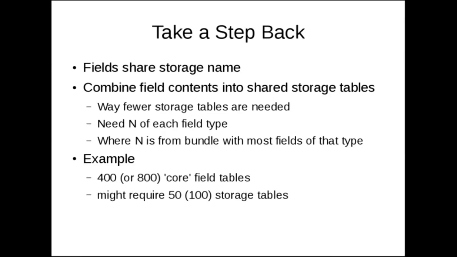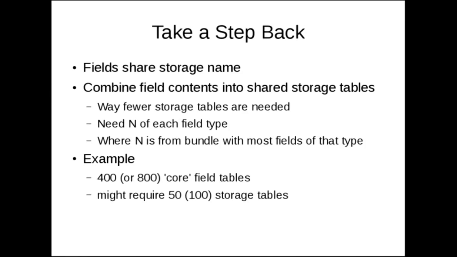So what we can do right here is end up with a lot fewer tables. Like that 100 fields example, I use this because it's probably similar to a site I've got right now. We've got 800 tables when you consider both the data and the revision tables. You can squish this down to 50 or maybe even less, right? Because what I said here was that you need n of each field type, where n is the bundle that has the most of that field type.